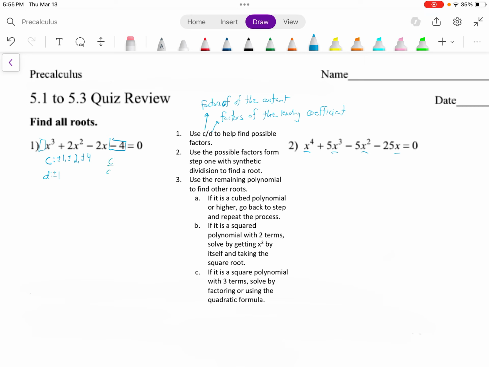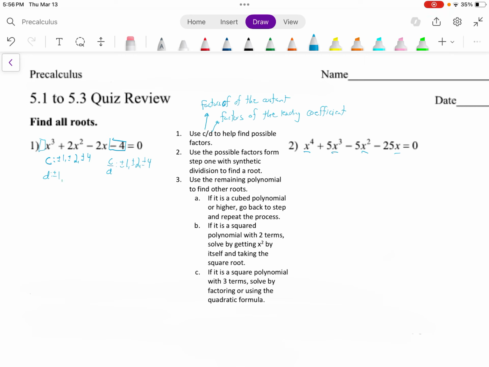C over D, we just do all of our C values over the plus or minus 1, which when you divide by 1, you just get whatever number that is. So we're going to think 1 over 1, and then 2 over 1, and then 4 over 1. And so we have plus or minus 1, plus or minus 2, plus or minus 4.